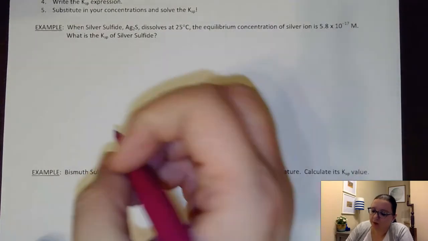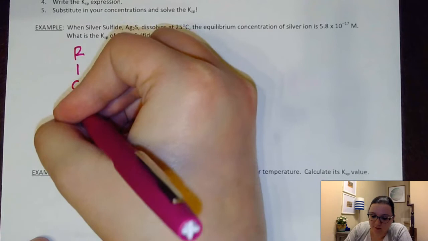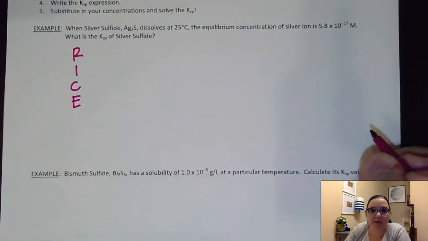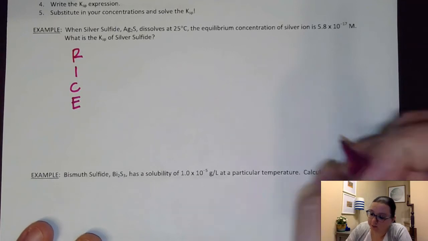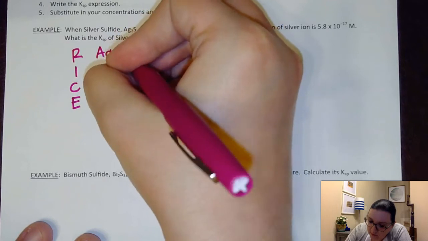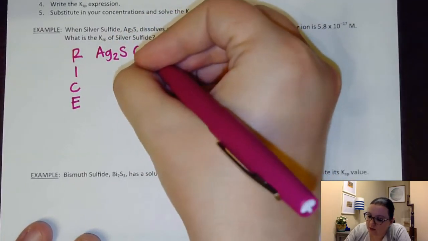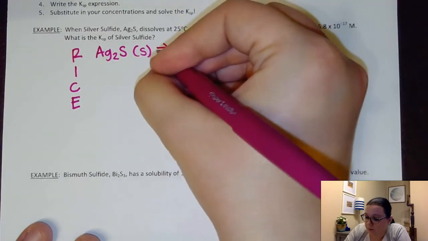Since it's an equilibrium problem, I'm going to set up my traditional RICE table. It's out of habit; I just set that up immediately. I'm going to start with my dissolving equation, my reaction here. I have Ag2S, and we're going to assume that is a solid to start off with. Since this is an equilibrium problem, I'm going to put a two-way arrow.